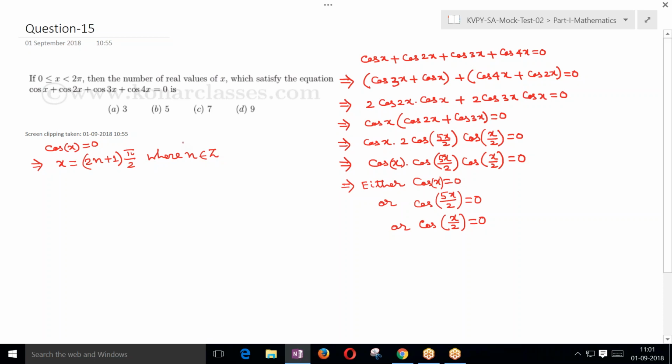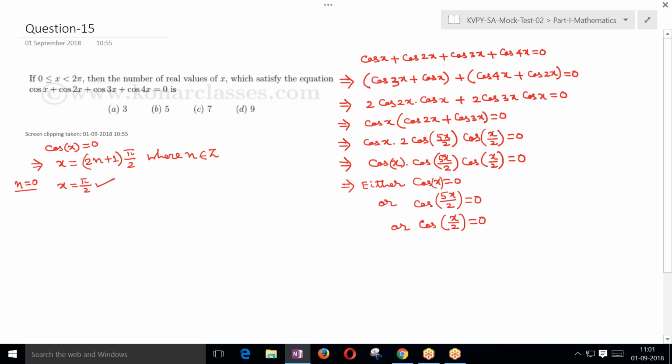Now from this general solution, we need to find how many of those solutions are between 0 to 2 pi. That is the task. So first we apply n is equal to 0. What is the value of x we are getting? We are getting x is equal to pi by 2, and that is an acceptable solution.